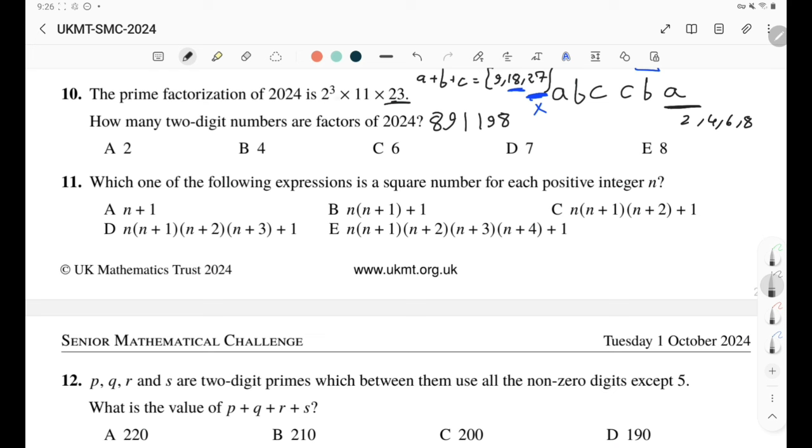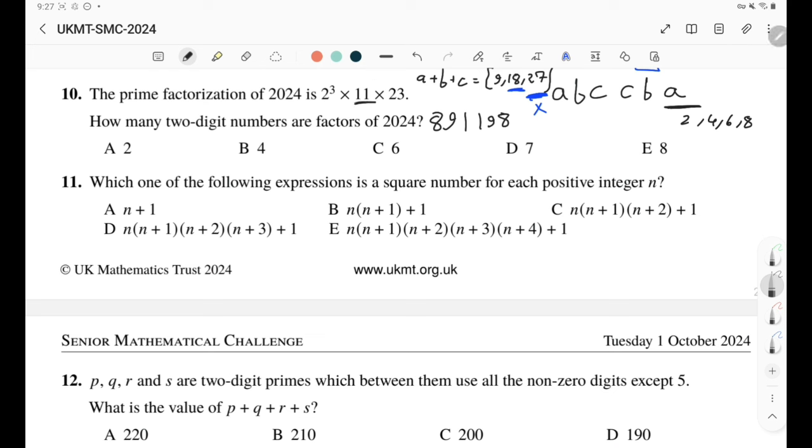So we need to have 23 with some of these 2s. Either you don't pick any, so you just have 23, or you pick a single 2, that's also acceptable. Or you pick a 4 times 23, it's less than 100, so that's also acceptable. But if you pick 8 times 23, surely it will not work. So 23 itself gives us 1, 2, 3, 3 of them, either with 1, with 2, or with 4.